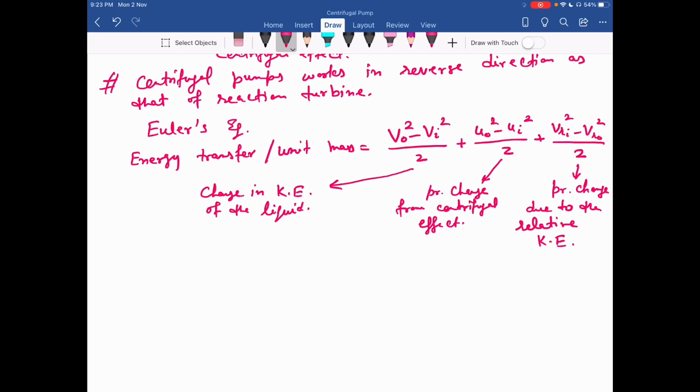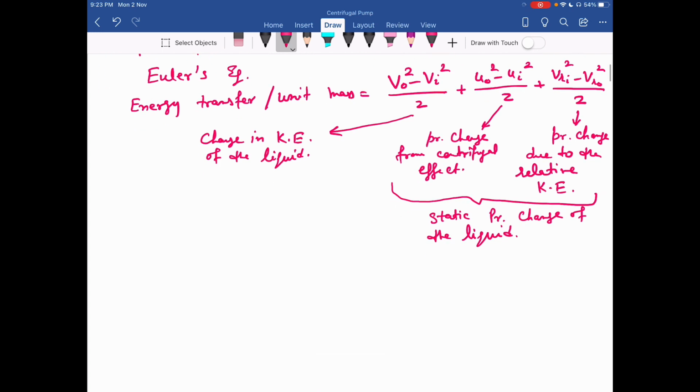Okay, so you can say the second and third term collectively represent the static pressure change of the liquid.